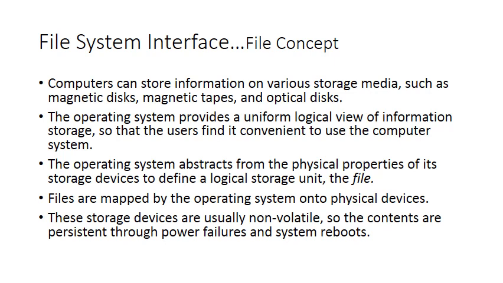These details will be stored in terms of zeros and ones or in whatever format it is stored on the operating system, whereas to the user, it is just visible as a set of alphanumeric characters. So that is what we mean by saying the operating system abstracts from the physical properties of its storage devices to define a logical storage unit, the file.